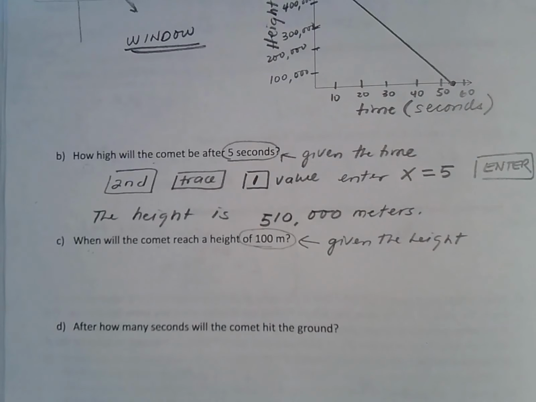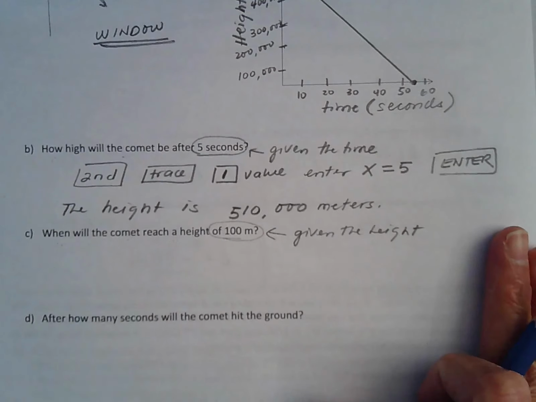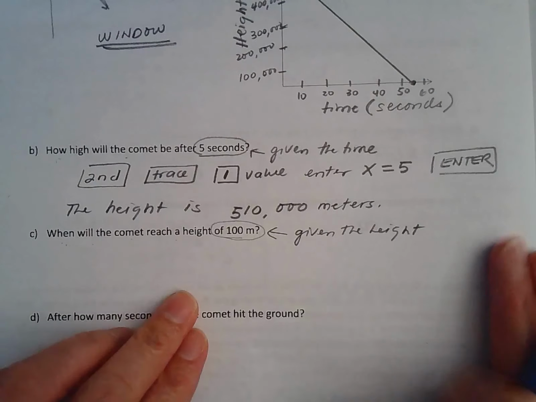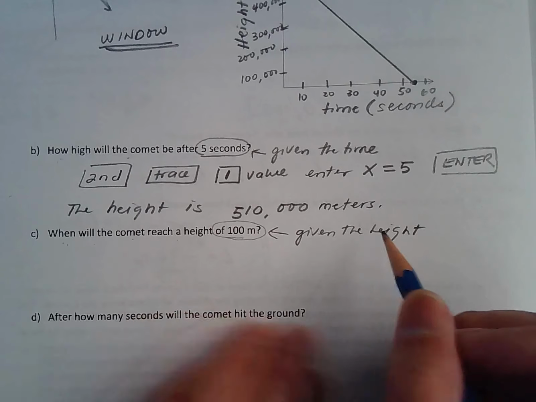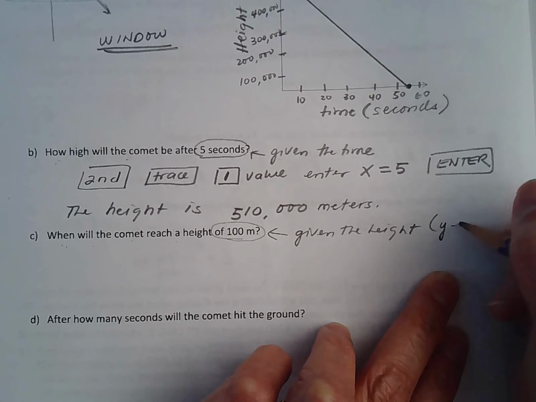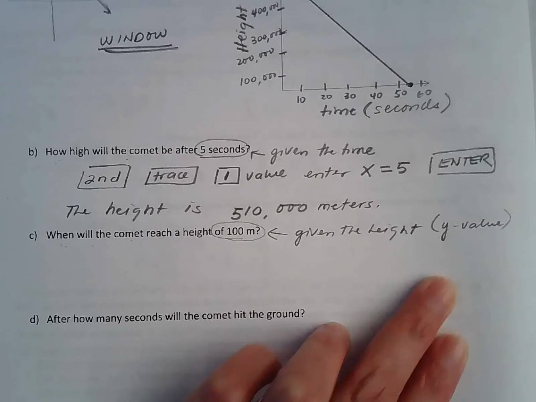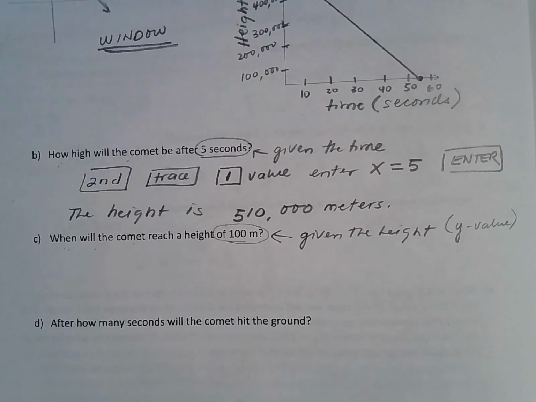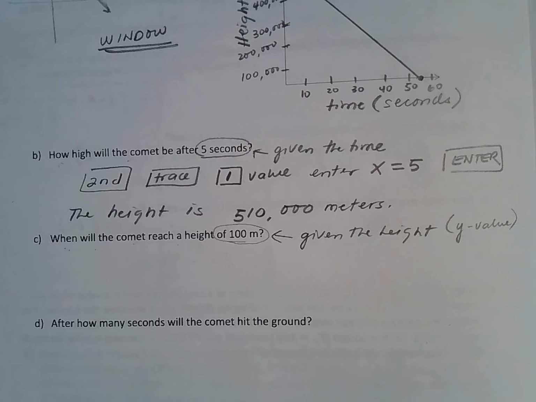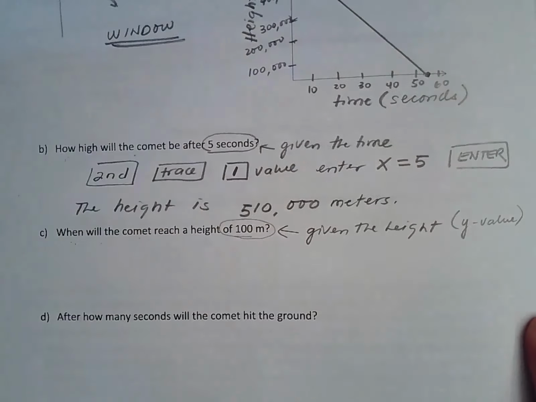This one is slightly different, so I need you to focus here for a second, because we've never seen something like this before. So in this case, we're given the height, which is the y value. We can enter an x value in a calculator, but we cannot enter a y value. So what we could do in this particular case is this.